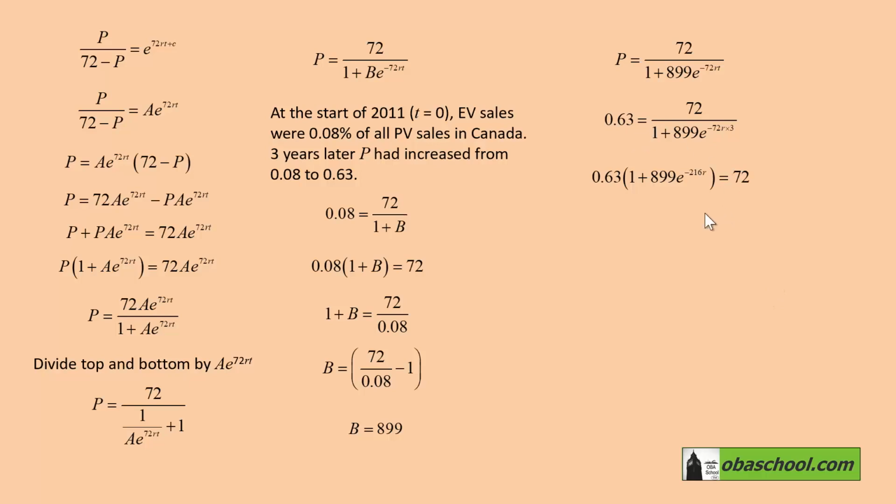So multiplying both sides by the denominator here, and noting that 3 times 72 is 216, then we get that 1 plus 899 e to the negative 216r is 72 over 0.63. So e to the negative 216r is going to be 72 over 0.63 take away 1 over 899.